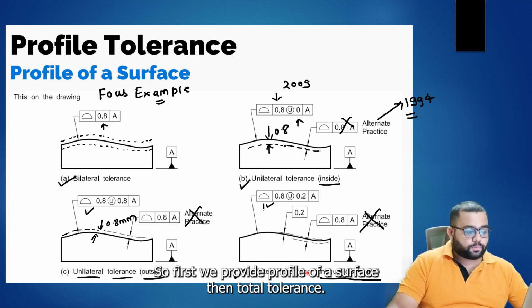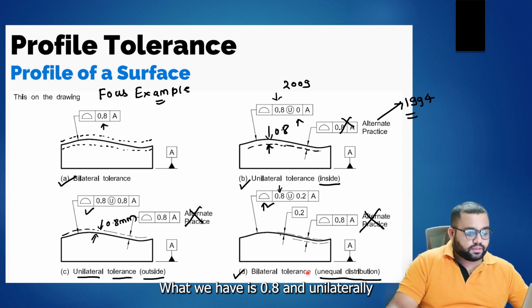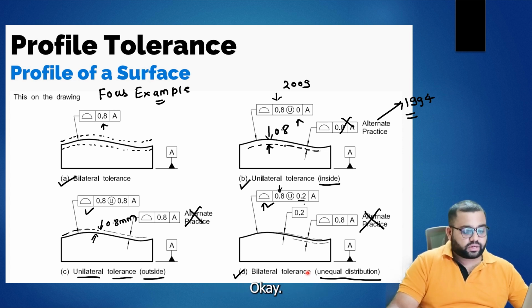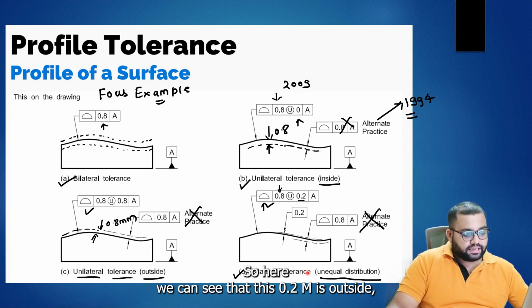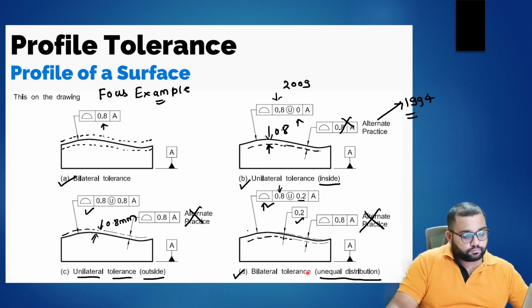First we provide the profile of a surface, then the total tolerance, which is 0.8, and unilaterally disposed 0.2 mm. 0.2 mm is outside the part, and the rest, 0.6 mm, is inside the part.